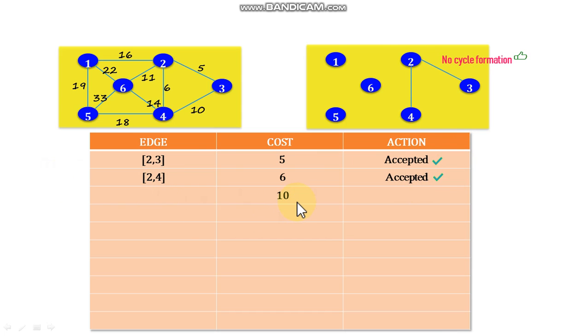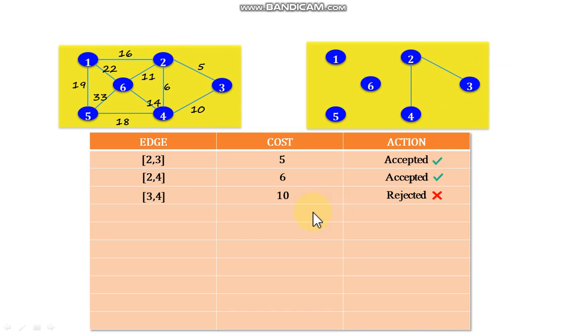The next smallest cost is 10, the corresponding edge 3 to 4. If I draw an edge between 3 and 4, this forms a cycle between 2, 3 and 4. A cycle has formed, so I cannot accept this edge into our minimum cost spanning tree. So I am rejecting this edge.